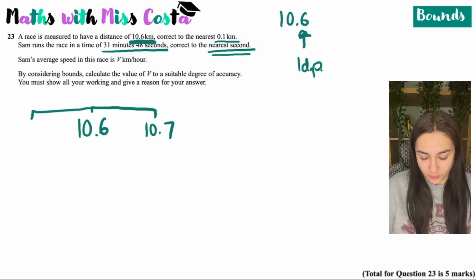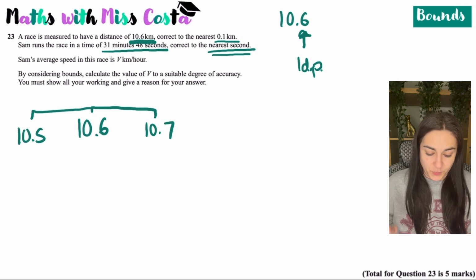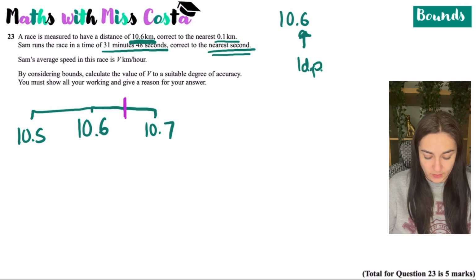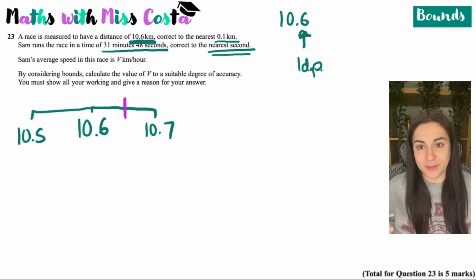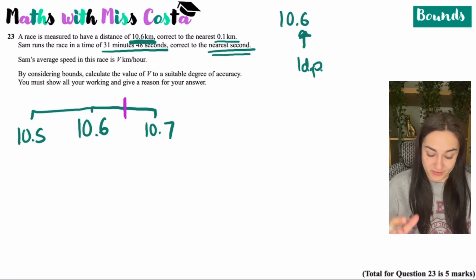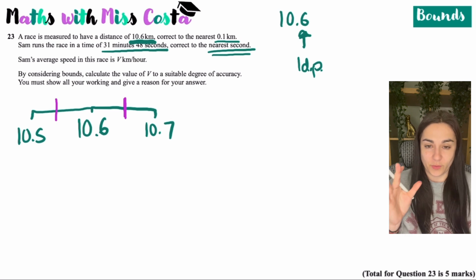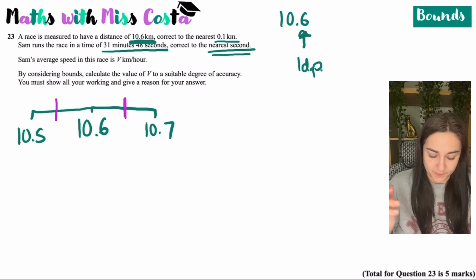So that would be 10.7 or 10.5. Now, to work out your upper bound, you're going to work out the maximum possible value it could be before it would have rounded up to 10.7. And for the lower bound, it's the minimum possible value it could be before it's rounded down to 10.5. So we'd say that this would be 10.65 and 10.55.